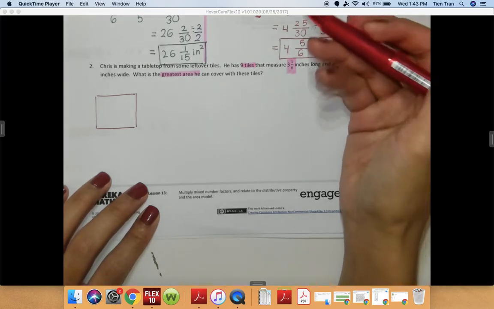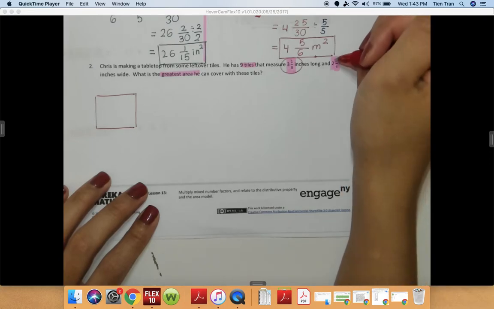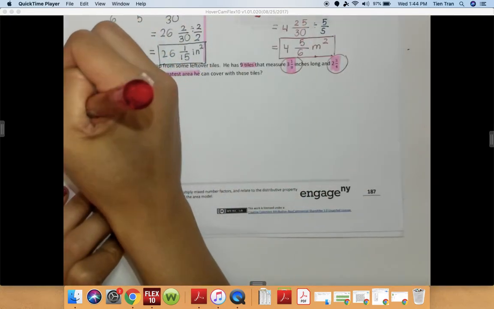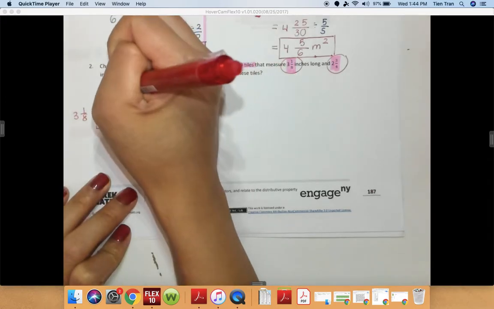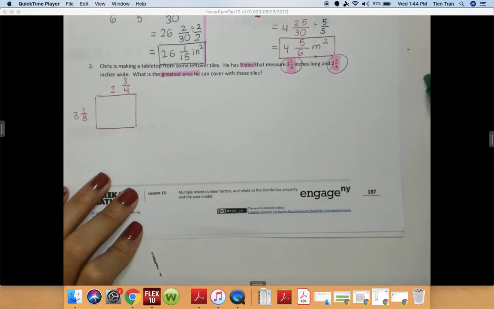We know that he has 9 tiles, and we know that they measure 3 1/8 and 2 3/4. So I'm going to write that down. We're trying to figure out the greatest area that he can cover. So first, I'm going to multiply these two numbers together.